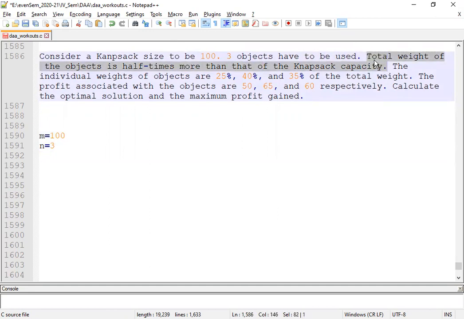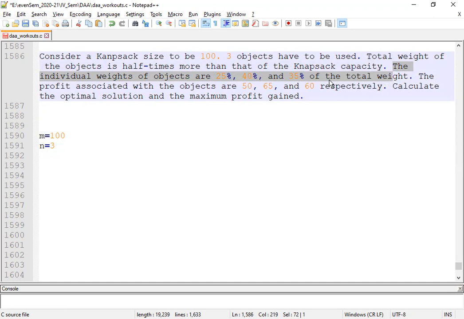Now, if you look into this particular statement, the total weight of these three objects is not given directly, but it is given indirectly, wherein we need to calculate that total size by using the size of the knapsack. Then the individual weights of the objects are 25%, 40%, and 35% of the total weight.